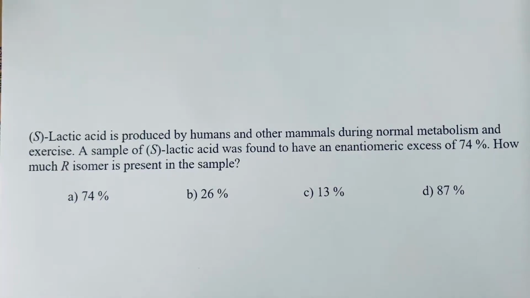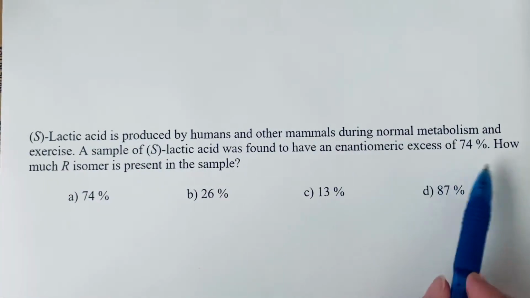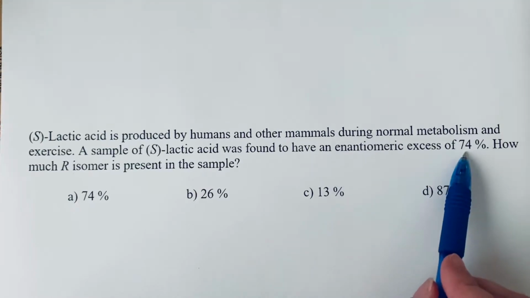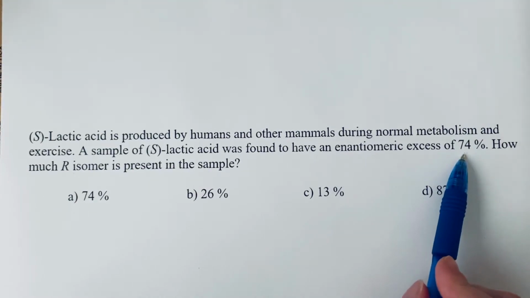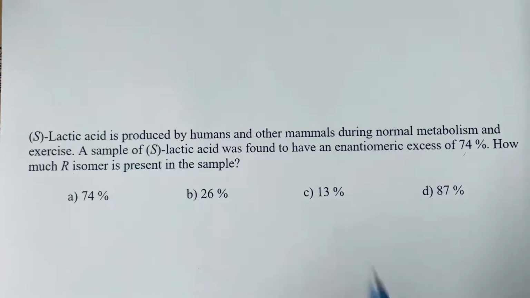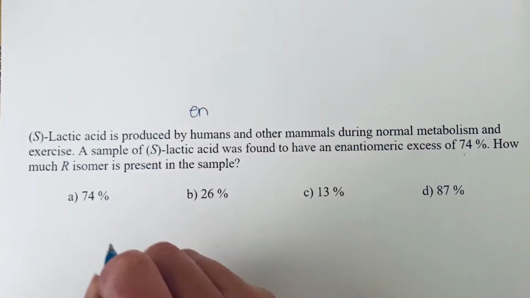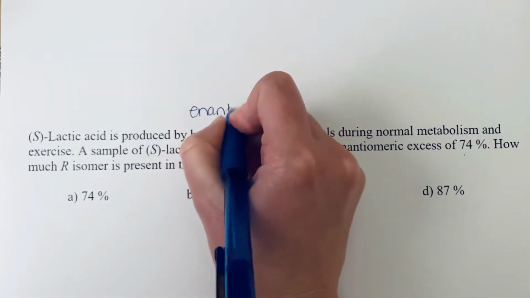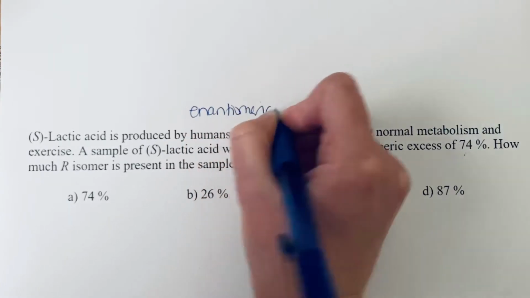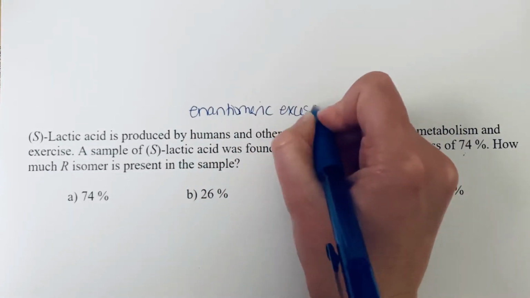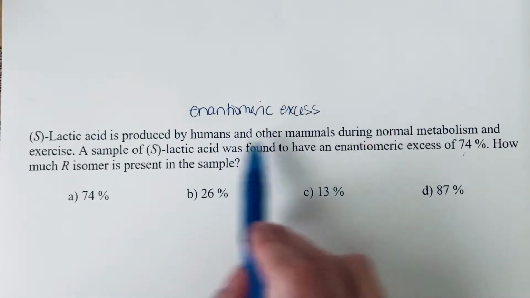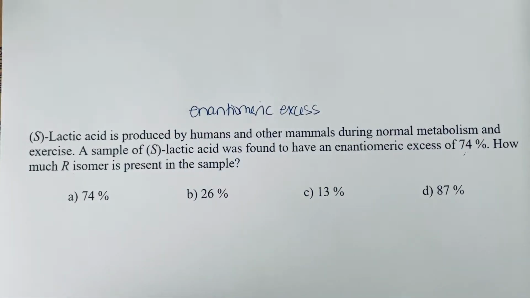So we've got to come back to this term enantiomeric excess. Unless you have an enantiomeric excess of 100%, you have some of the enantiomer. We need to know what this means. This is going to be the portion of your solution that causes that solution to rotate plane polarized light.